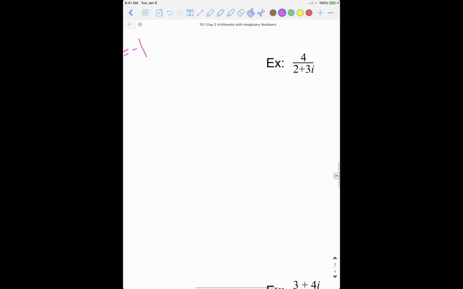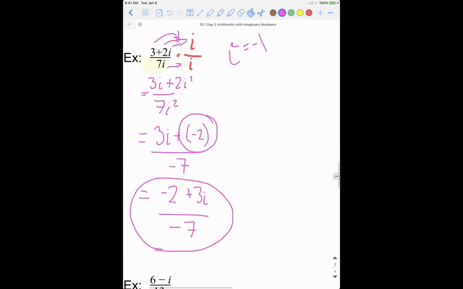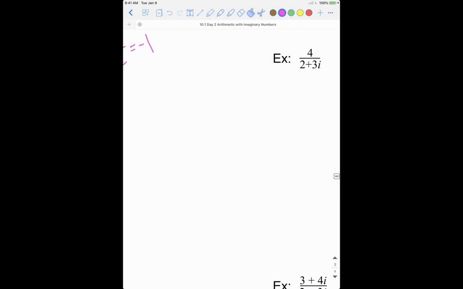If we look back to our first example, all we had was a 7i in the denominator. Now we have more than just one term, right? We've got this 2, and we've got this 3i. So we've got to figure out how to cancel that i out in this case.